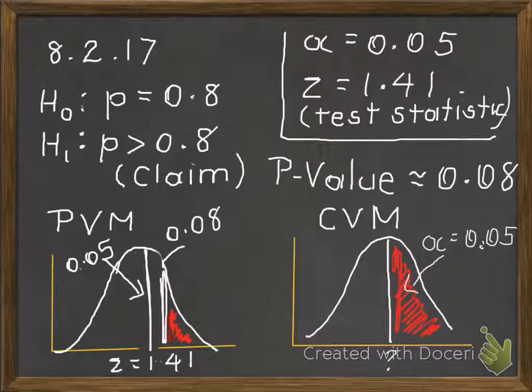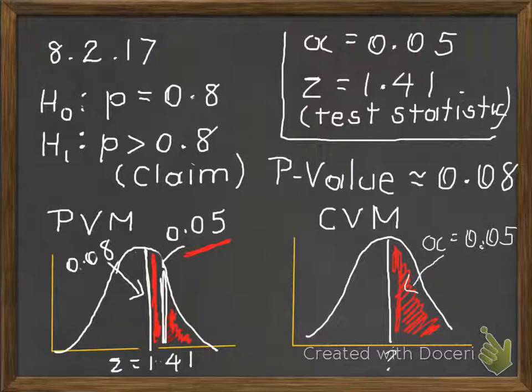And if you look on the first diagram, because that proportion is larger than our significance level, if we look on this diagram, we see that our significance level was 0.05, and the p-value is greater than that significance level.